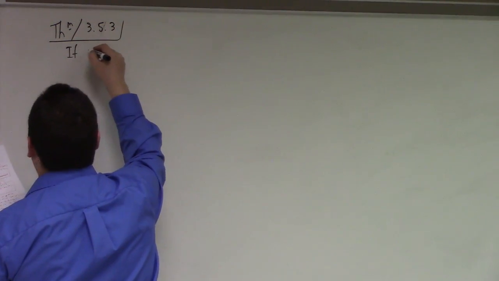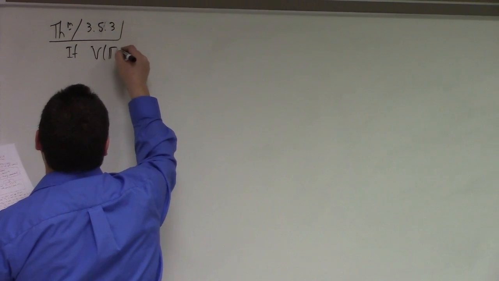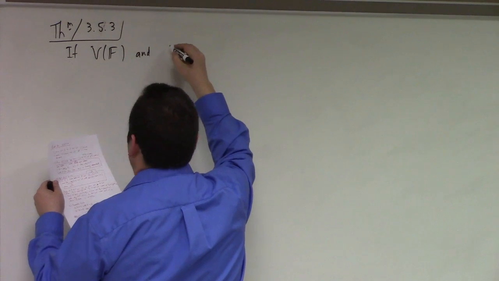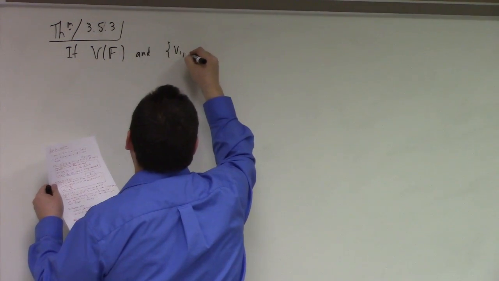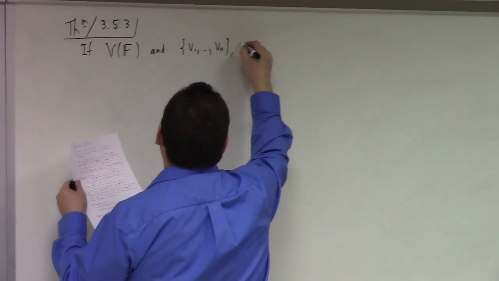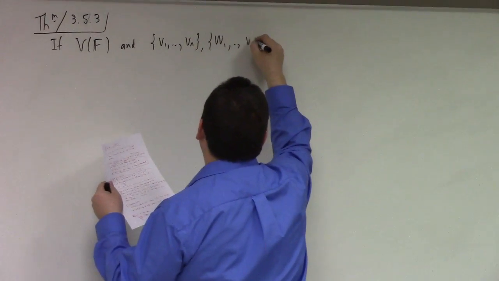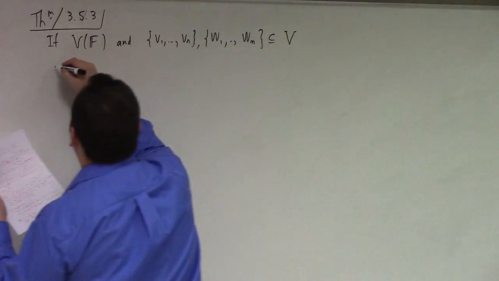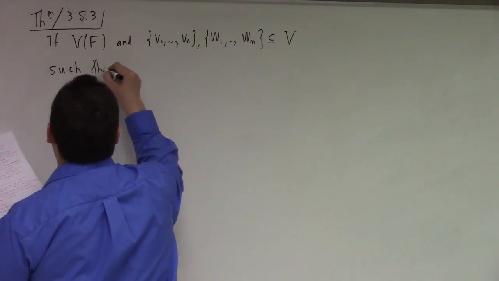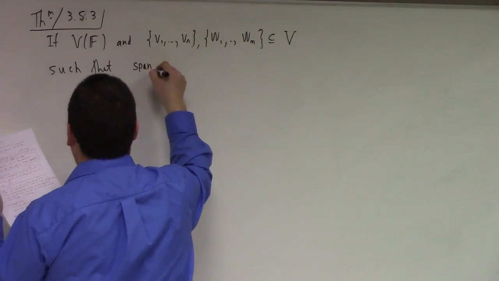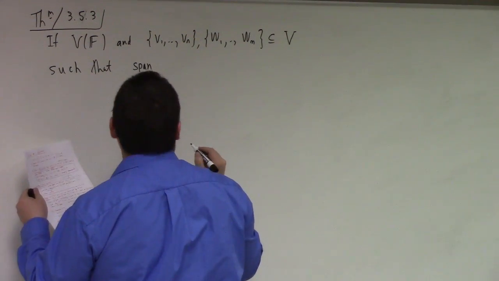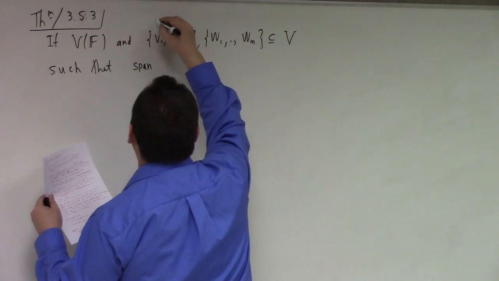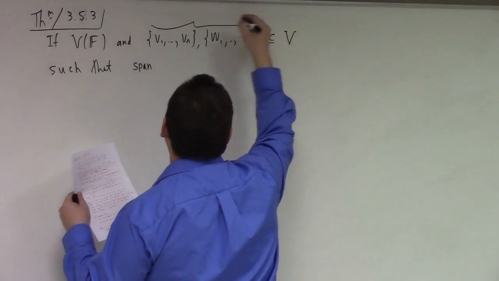If you have a vector space V over a field F, and you have V1 all the way out to Vn, and W1 all the way out to Wm, subsets of the vector space V, and I'm assuming that these are linearly independent.